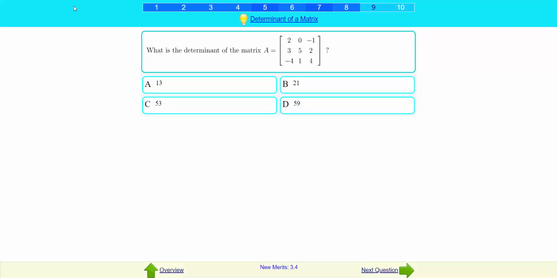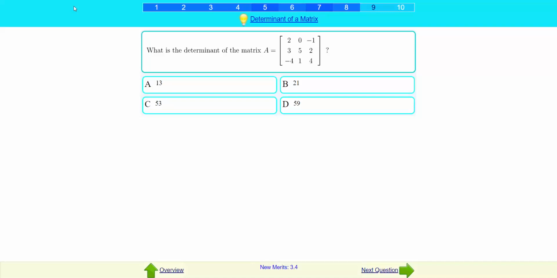Now if we take the first element, which is 2, so 2 multiplied by 20 minus 2 is 18, minus 0, let's ignore that, plus we have negative 1 multiplied by, we have 3 minus 20, so that's plus 20.